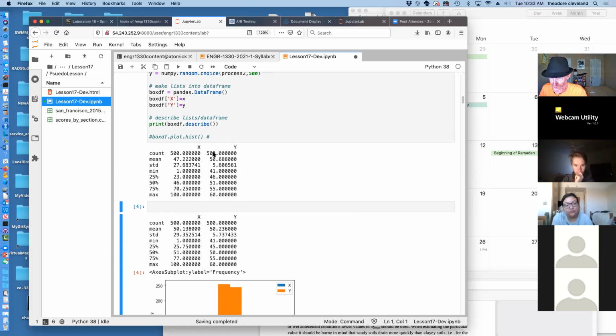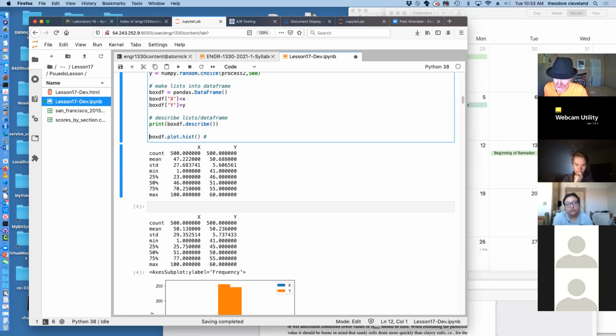Each one has 500 things. That looks the same to me. The mean of X is 47. The mean of Y is 50. That's awful darn close, so that looks the same to me. The standard deviations are quite a bit different. The minimum and maximum values are different. The 50th percentile of X is a little smaller than the 50th percentile of Y. So are they the same or different? And your conclusion is they're probably different.